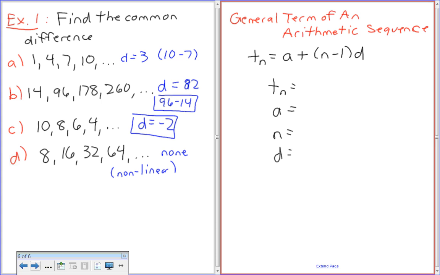Think of this like the formulas you've used before, where you're going to need to list all the given information. Since you don't know any of these, I'm going to ask for guessers. Anyone want to guess what d equals in this case? Good, difference, what we've just been doing. This is going to be our common difference.